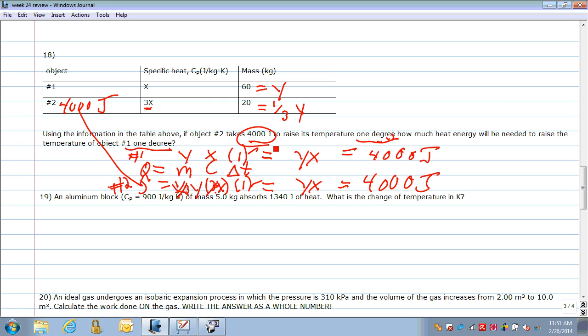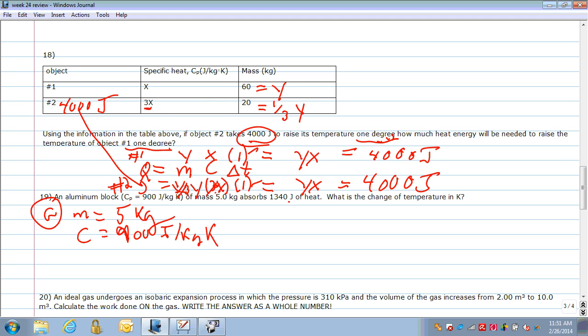Okay, number 19. An aluminum block has a mass of 5 kilograms, and it has a specific heat equal to 900 joules per kilogram K. And right here, they give you a number.